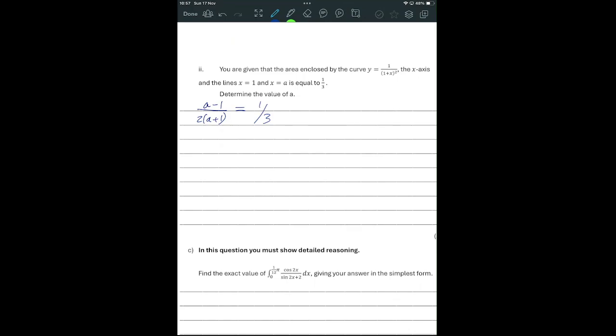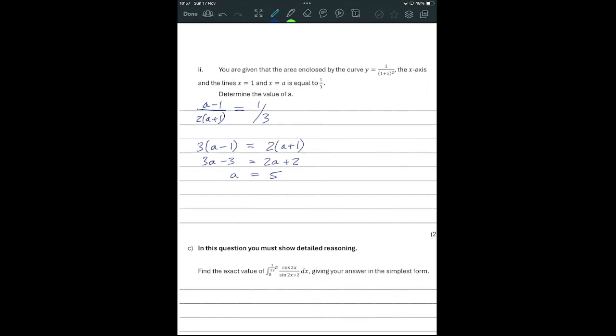Nicest way to deal with a fraction equals a fraction is to multiply up by the denominators. Multiplying up by 3 is going to put a 3 on the left hand side. Multiplying up by 2a plus 1 puts that on the other side, and both fractions have cancelled out. Now it's just a linear equation to solve, which leaves me with a equals 5.